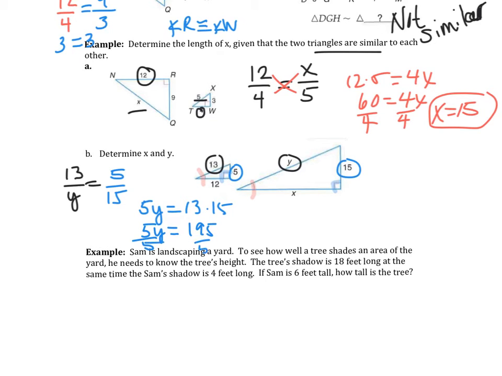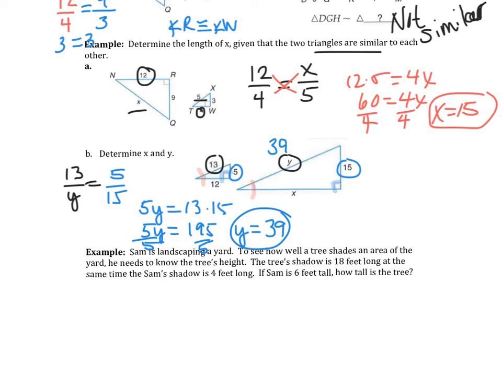Divide both sides by 5. I've got y is equal to 195 divided by 5, which is 39. All right, so I've got my value of y.